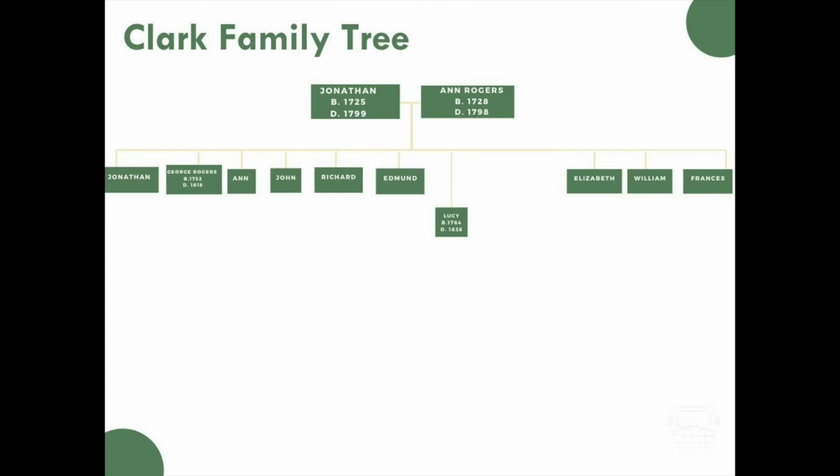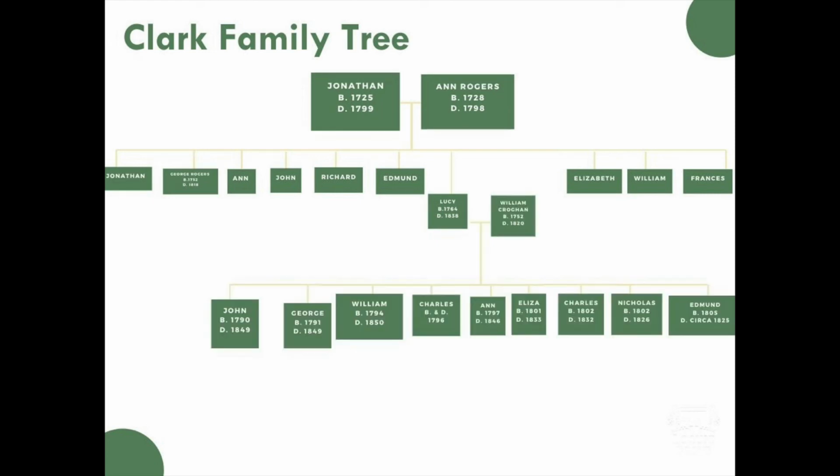Third was Anne. Then they had John, Richard, Edmund, Lucy, the seventh child, who we will continue to talk about, and after Lucy they had 3 more children, Elizabeth, William, and Francis. So Lucy, the seventh child, is who we are going to continue looking at on this family tree.